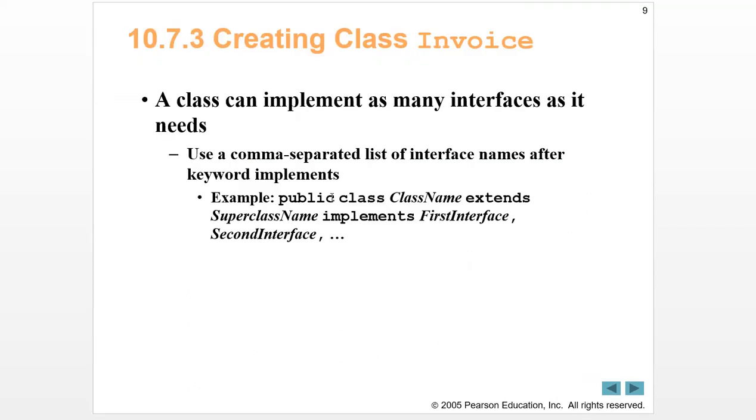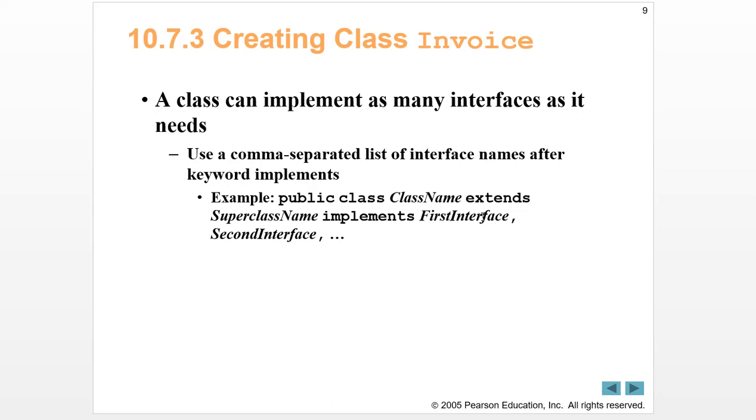When we are creating a class, a class can implement as many interfaces as it needs. We can use a comma to separate the various interfaces that we want to use. So for example, in this instance, we say public class SalariedEmployee, which extends a certain class, the superclass, which we could call the Employee class, and which implements first interface, second interface, third interface.